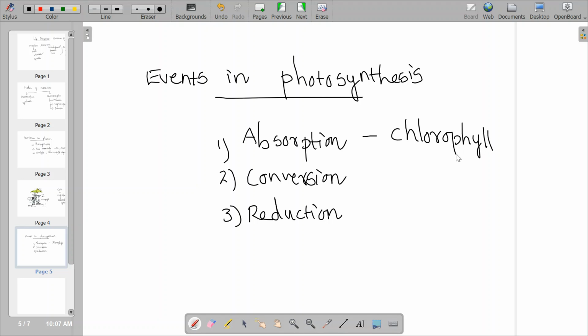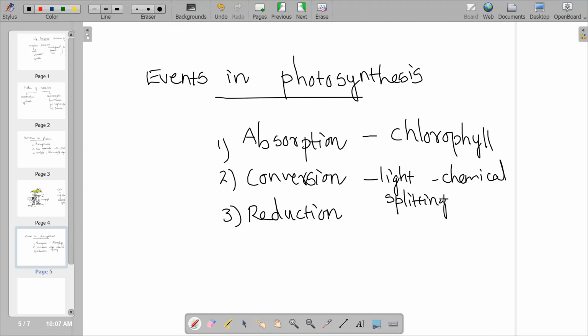Okay, now conversion of light energy into chemical energy. So the light energy absorbed by the chlorophyll is converted into chemical energy. That is what we call conversion of light energy into chemical energy. Okay, and splitting of water molecules.